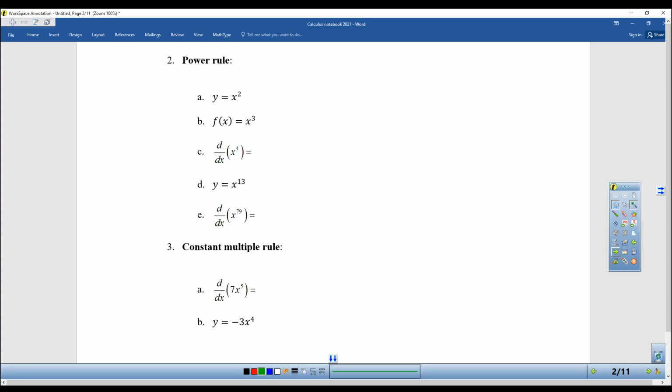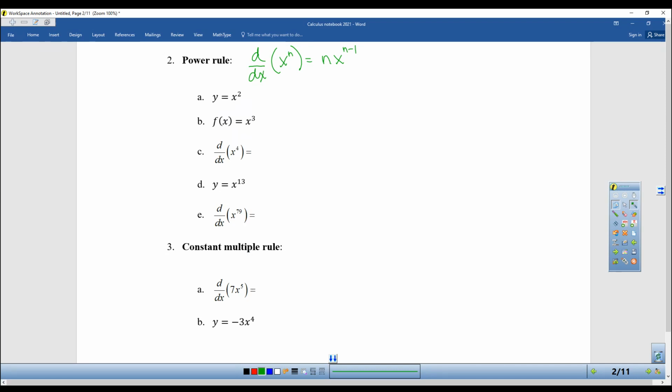The power rule says that if you're taking the derivative with respect to x of x to the n, you can bring that power down in front, and then you can reduce the power of the x by 1. Let's notice that I've used all different notations.